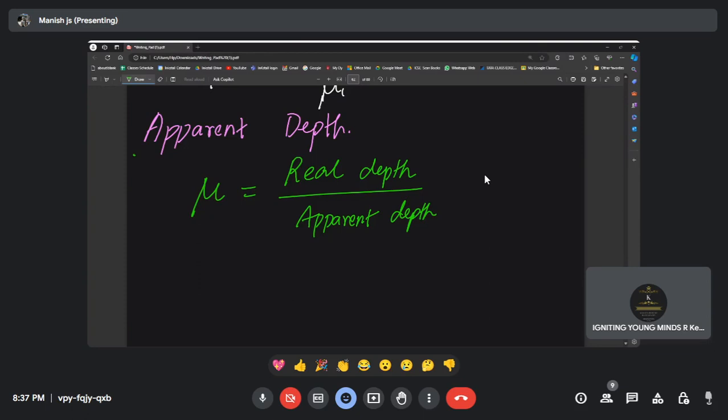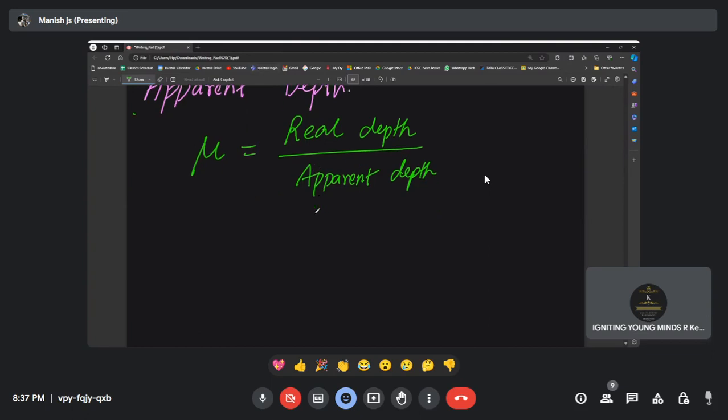Real depth is where the object is present, the exact measurement with respect to the surface of water, not the perception of the human. So why is there an apparent depth? That is due to something called lateral shift. Let's try to understand that.